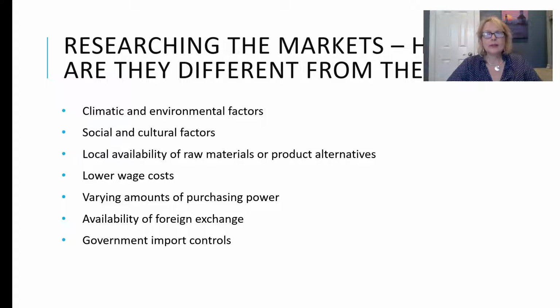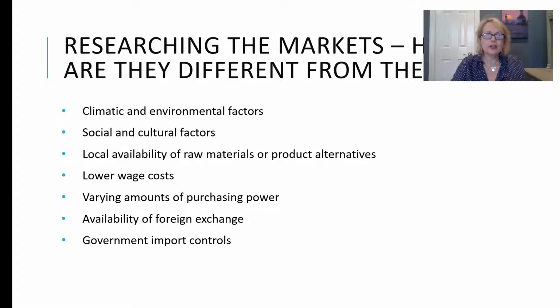It turned out that the average family didn't have enough money to buy an entire bar of soap that might take a month and a half to use, but they could buy a small piece of soap once a week and use it up. They just didn't have enough capital to buy the entire thing all at once because they were very, very poor. So purchasing power is very important to understand in how you package your product.